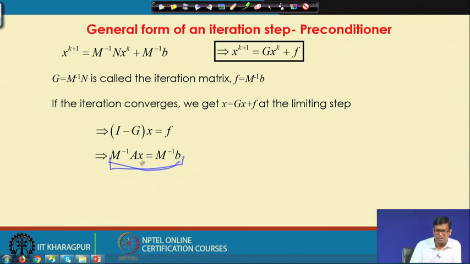If M inverse is the same as A inverse, then x = A inverse b, and we have already arrived at the solution. That we will also look into, but this equation is already a preconditioned equation, which is the converging step of Jacobi or Gauss-Seidel iteration. So, as we use Gauss-Seidel or Jacobi iterates, we are actually preconditioning the equation system.